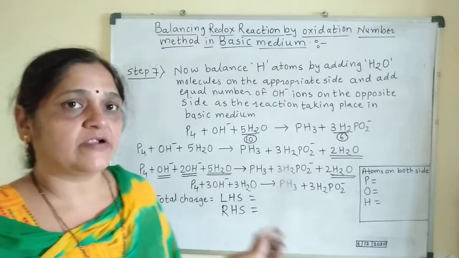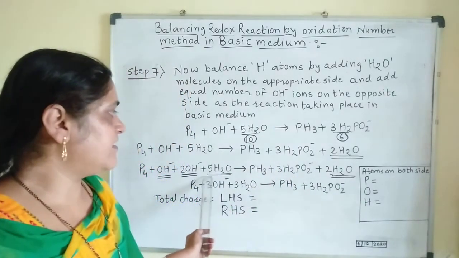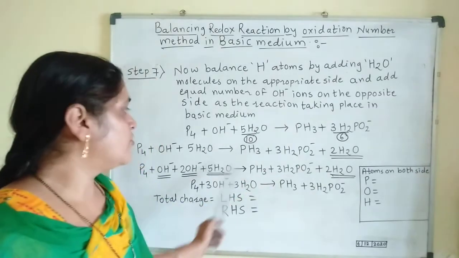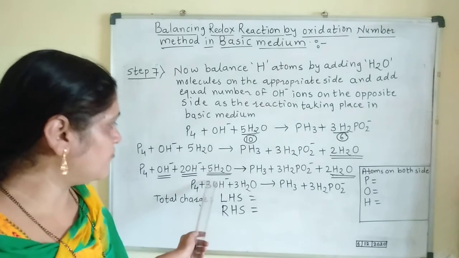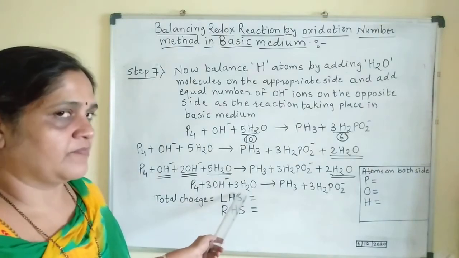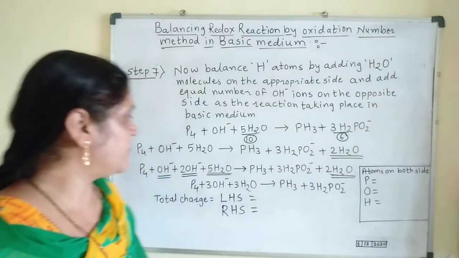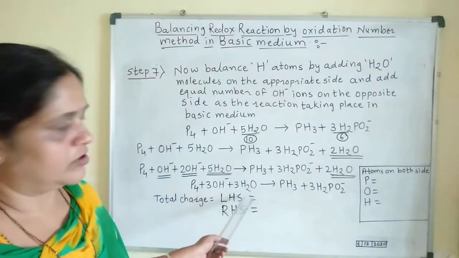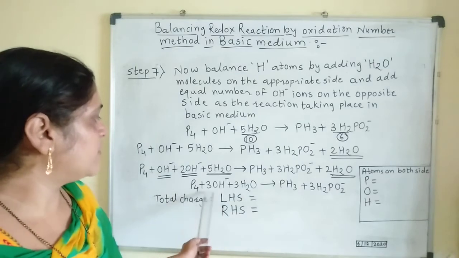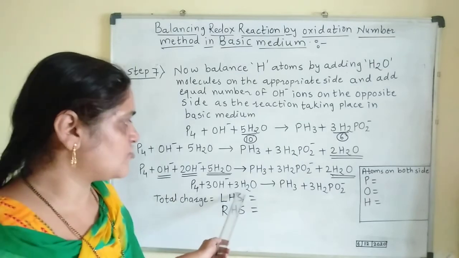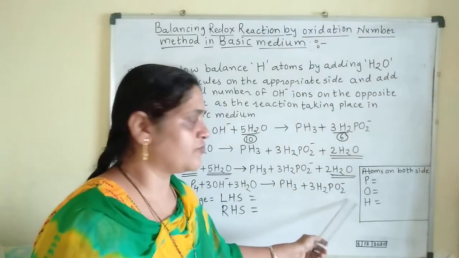So we are going to subtract water molecules from the left hand side number to the right hand side. So 2 water molecules are subtracted from 5 water molecules, and therefore the answer is 3 water molecules. So we are going to cancel out these 2 water molecules. Instead of that, directly we will write 3 water molecules. So our final equation now: P4 plus 3OH minus plus 3H2O gives PH3 plus 3H2PO2 minus.